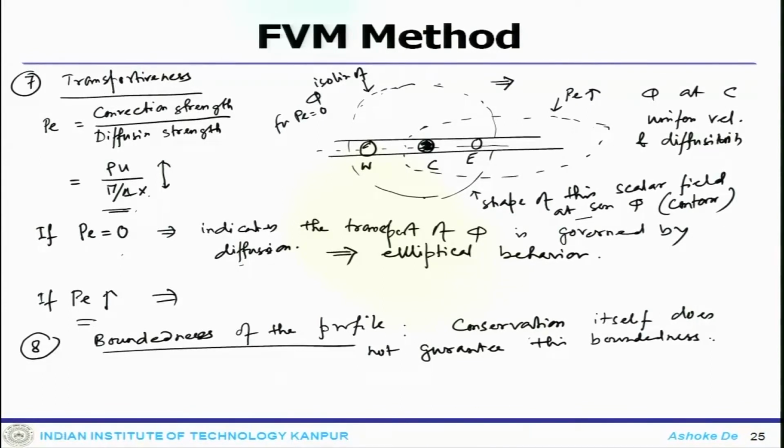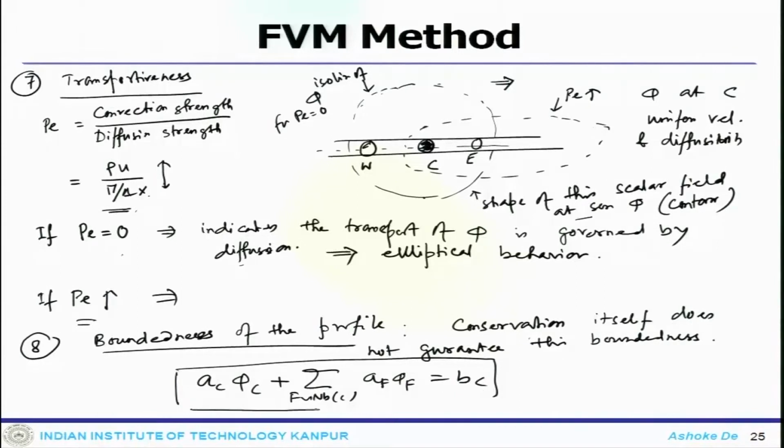That means when I discretize the partial differential equations, the discretized equations need to be bounded. If you recall, for an element C we have written A_C phi_C plus summation over F in NB(C) of A_F phi_F equals B_C. So, this discretized system also needs to be bounded.